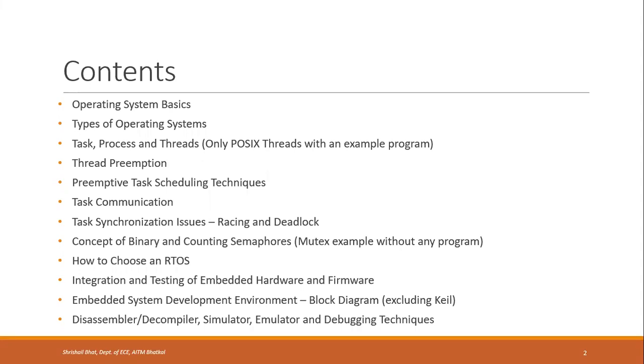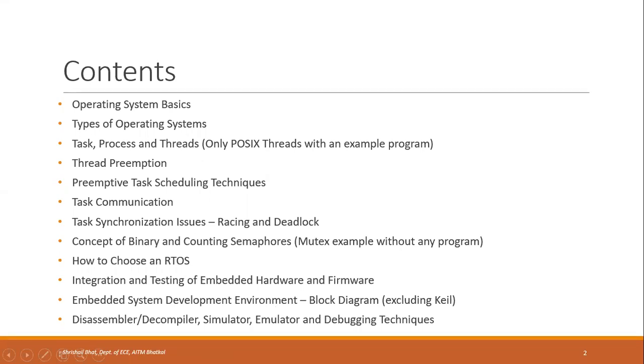Then we will see integration and testing of embedded hardware and firmware, how it can be done in different ways. Then the embedded system development environment, the block diagram of that. Then there are different concepts: disassembler or decompiler, simulator, emulator, and other debugging techniques. So we will see these things one by one.